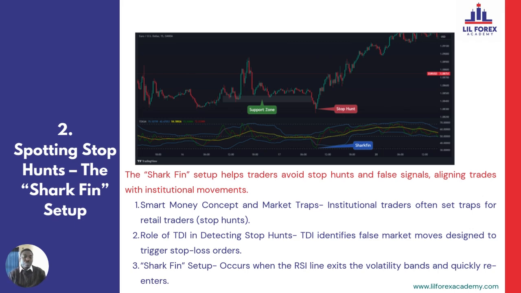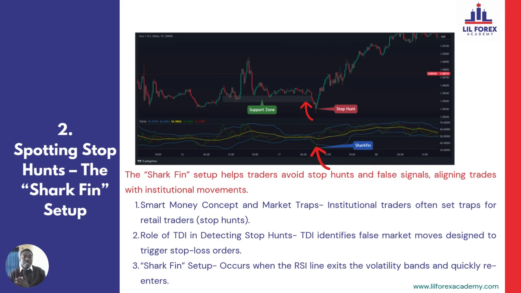Again, the second way to use the TDI indicator is to spot stop loss hunts. And this is what I call the shark fin. So in most cases where you have support and resistance, this is where the smart money concept believes that the institution comes in to trigger your stops and then move in your direction.